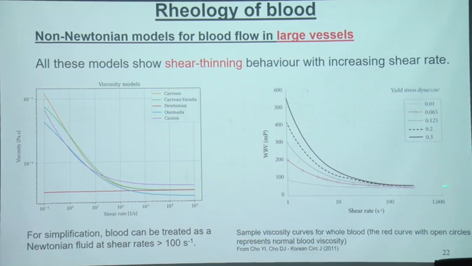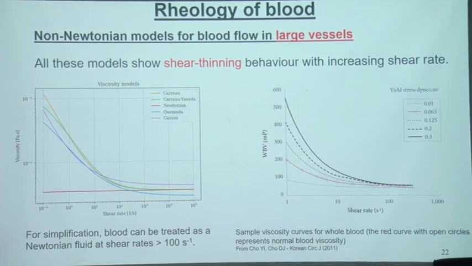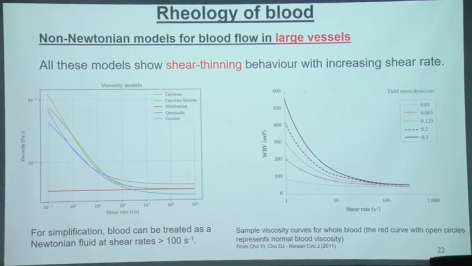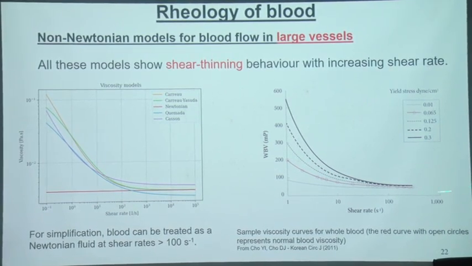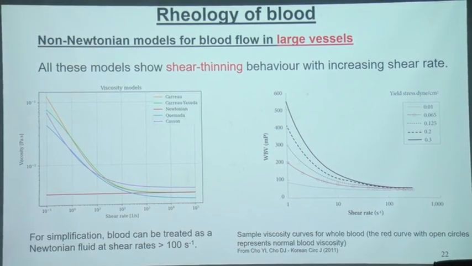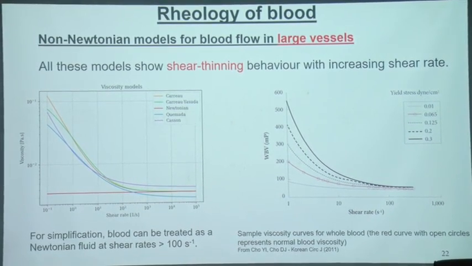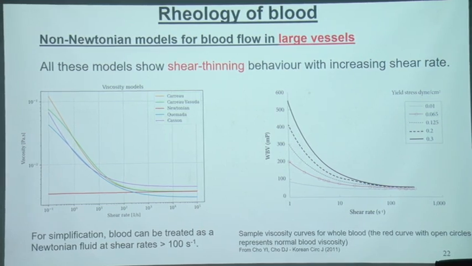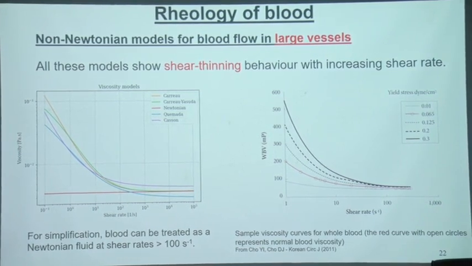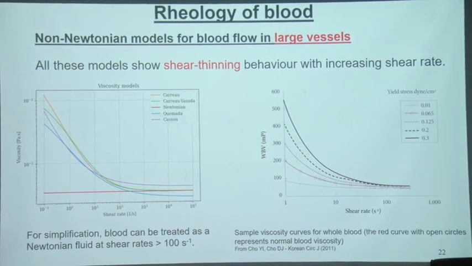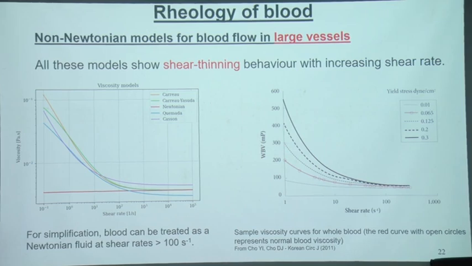So in this expression, when the shear rate is high, the viscous behavior of blood tends towards a Newtonian fluid, and that is why in a lot of the computational studies of blood flow, especially in the large vessels, when the flow rate is relatively high, blood has been assumed as a Newtonian fluid.